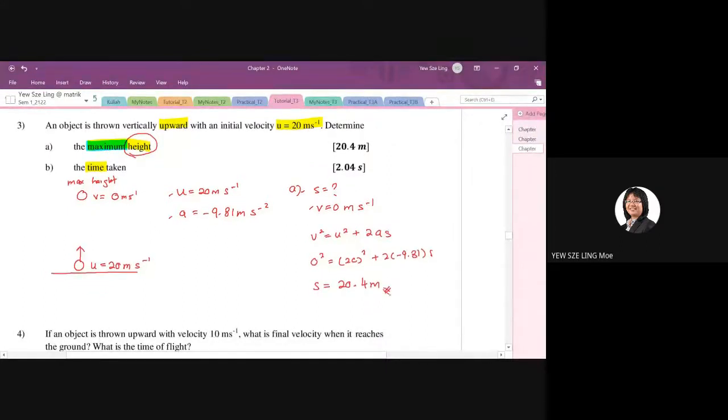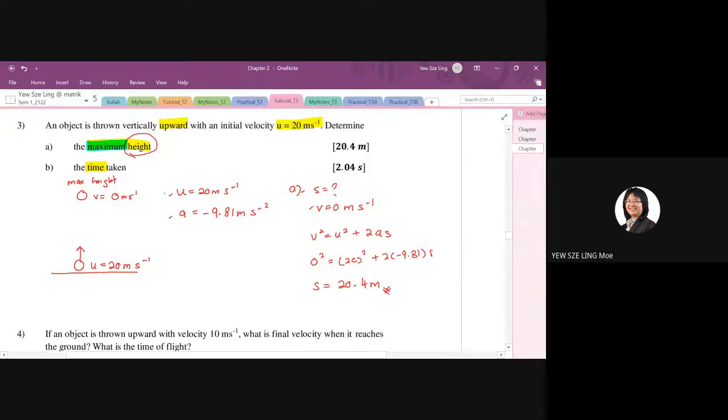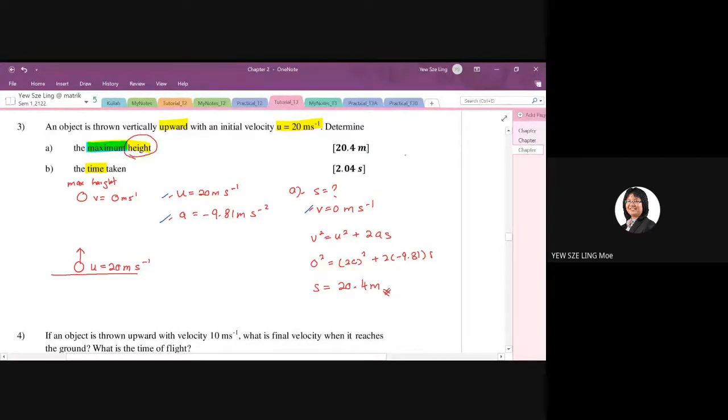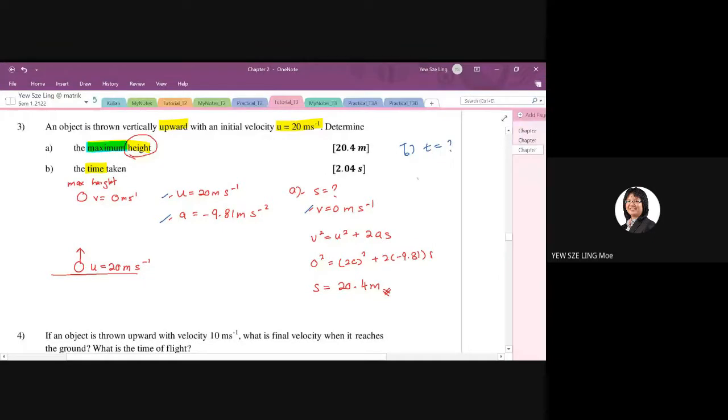Okay, 20.4 meters. And then the time taken will be easy because now you have U, A, and you know that V is equal to 0. So for question B, T is unknown. With U, A, V, and T, we use V equals U plus AT.